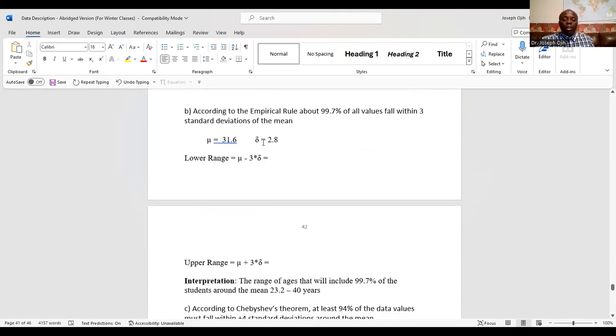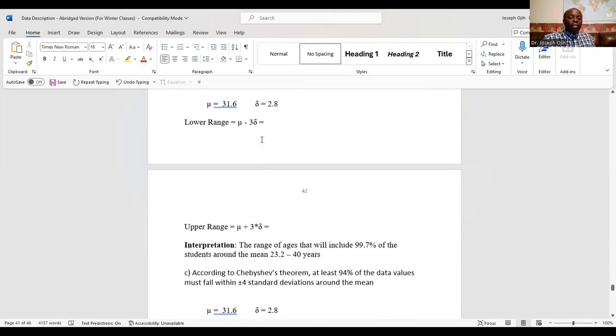Again, our mean is still 31.6 years, and the standard deviation is 2.8 years. So for the left side, we have the mean minus 3 standard deviations: 31.6 minus 3 times 2.8.